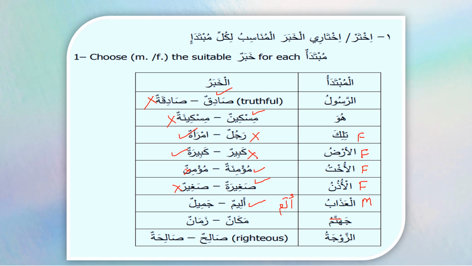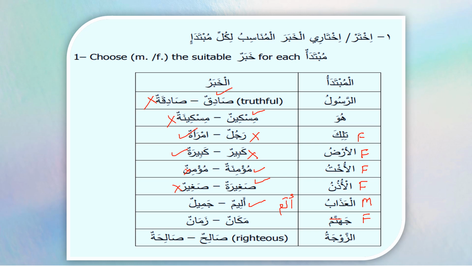Jahannam is a feminine noun, one of the 10 nouns that are considered feminine by Arabs. It's a zamanun or makanun, a zarf or a place. Jahannam is a place. So usually it's not asking for the khabar, but it's asking for the meaning, right? It's asking for the meaning.